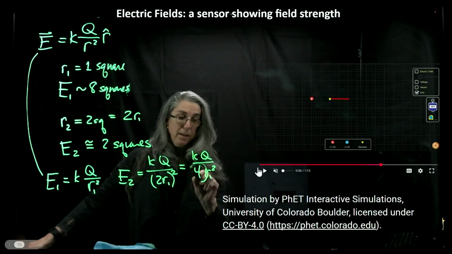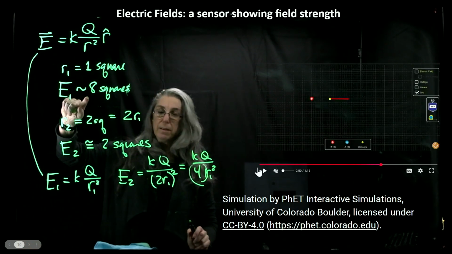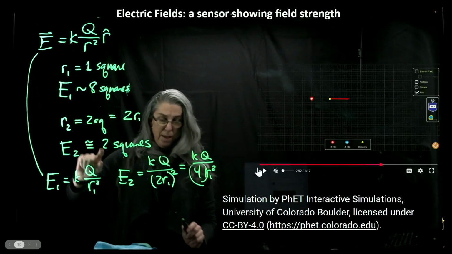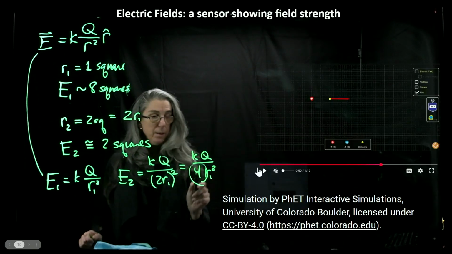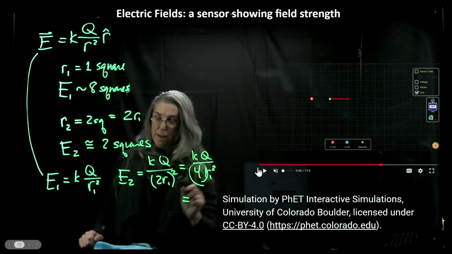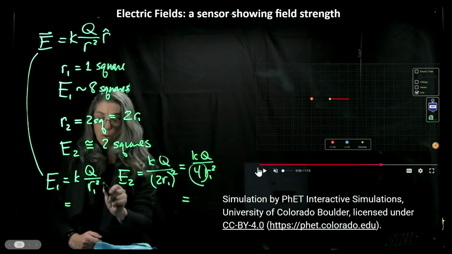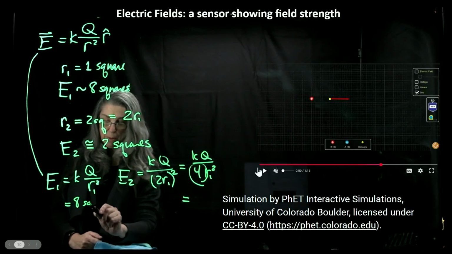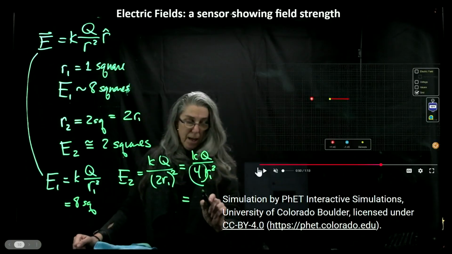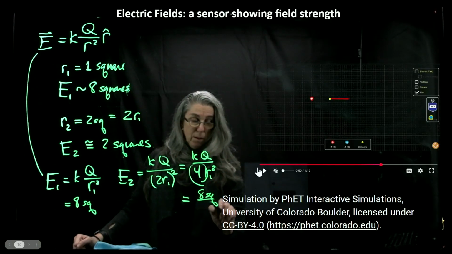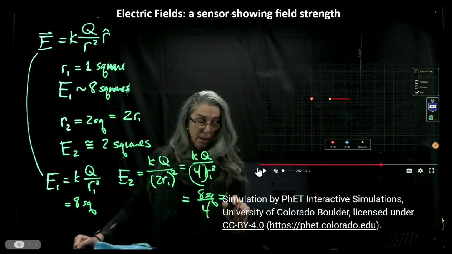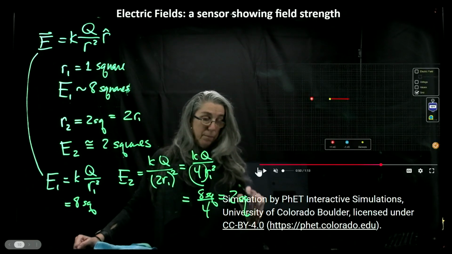So that makes sense. It was 8 squares and it became 2 squares. We expect the original KQ over R1 squared to be 8 squares, and 8 squares over 4 equals 2 squares.